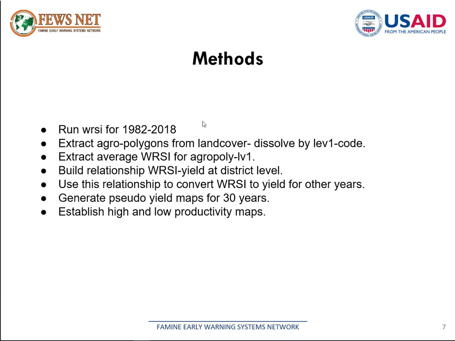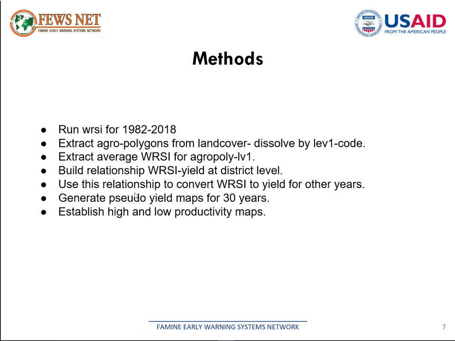What we're doing is, we ran the WRSI for 82 to 2018. I had to redo all the input layers because they didn't completely cover the extent of the country. At the end, the WRSI product was too short to cover the complete polygons that I showed in the previous slide. So I extracted the agro polygons from the land cover and dissolved them by level 1 code, extracted the average WRSI for each agro polygon at level 1, and then built the relationship between WRSI and yield at the district level, and that's how far we got.